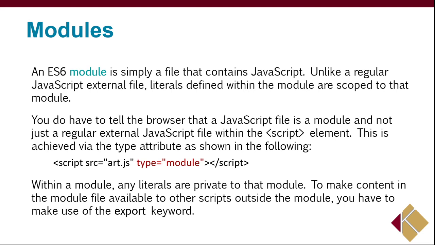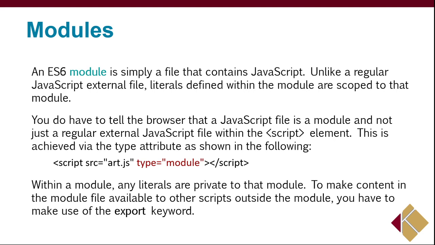The difference is that when you add type equals module to it, all of the literals described in it, so all of the names of your functions, all of the names of your variables, are only scoped to that module, right?